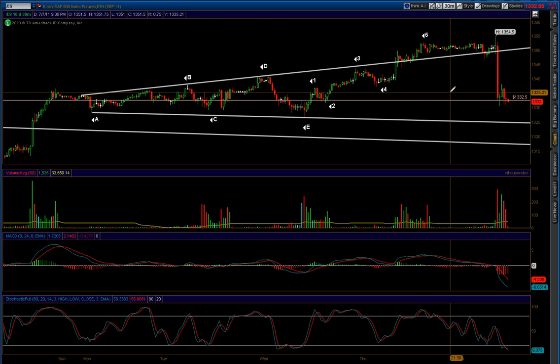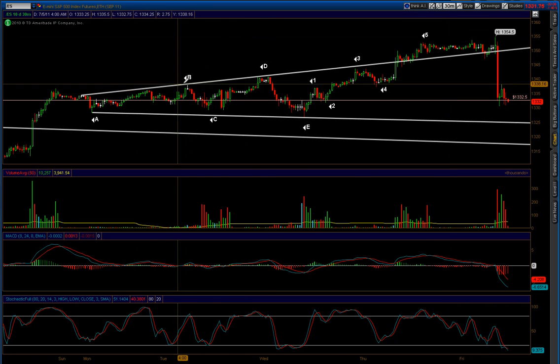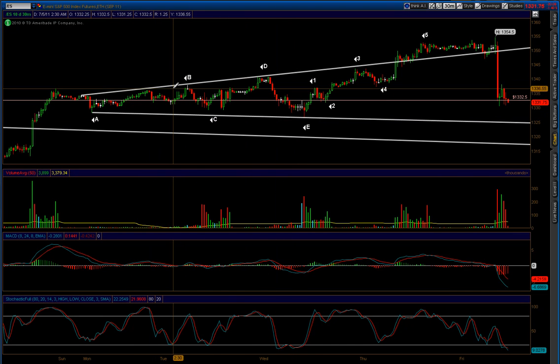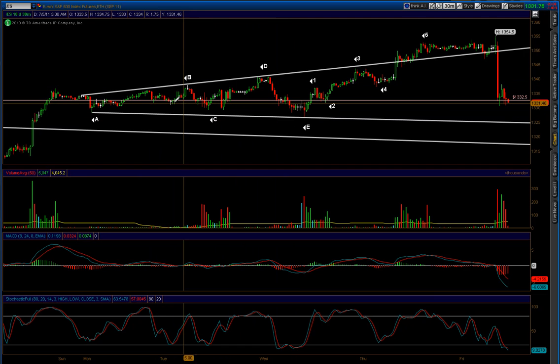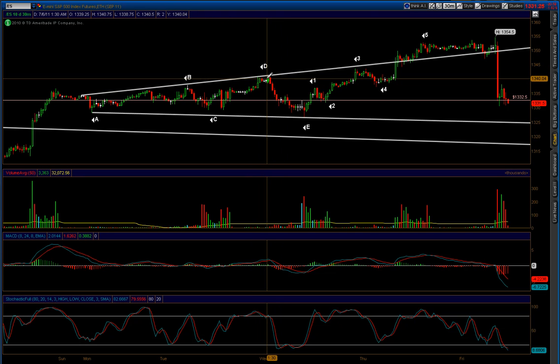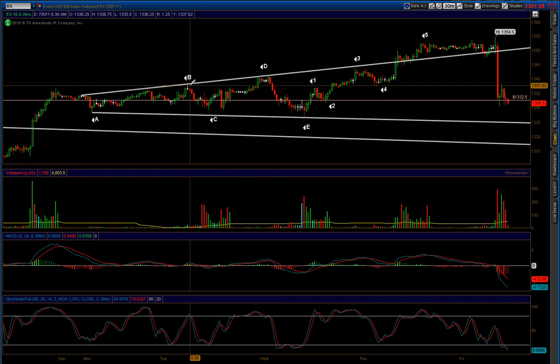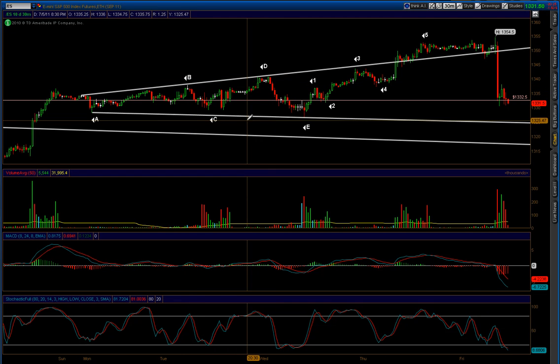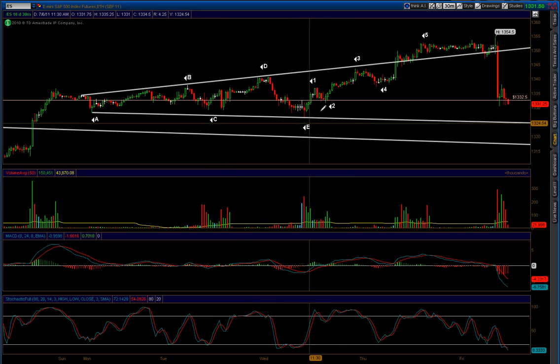This is a very frustrating pattern, not only because you have higher highs and higher lows, which tends to trap people that are going long and people that are going short, because they say, okay, we took the last highs out, so we're going higher, or we took the previous lows out, so we're going lower.